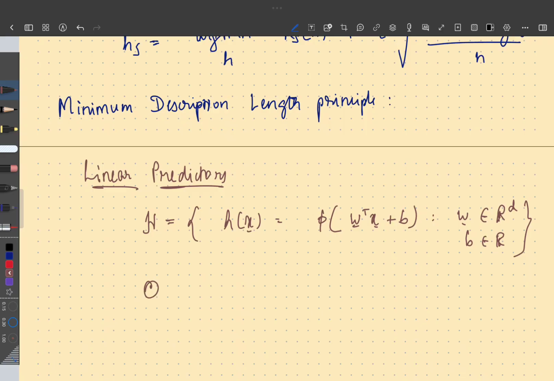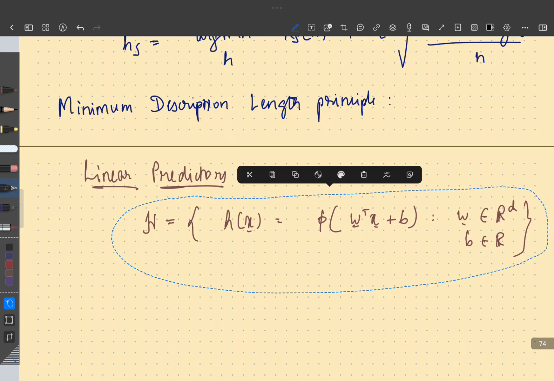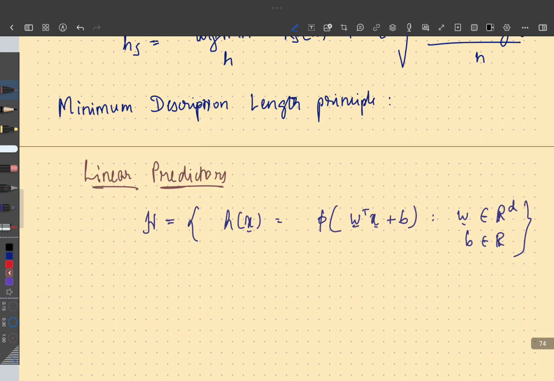So if you choose phi of z to be the indicator z greater than 0, then this corresponds to a linear classifier.